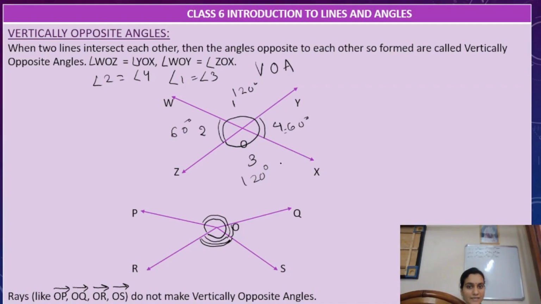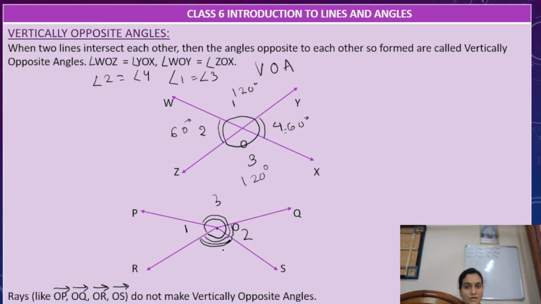I have also taken this example of four rays which have intersected at this common point O. All of these rays have started from the common point O: OQ, OS, OR, OP. They do not make vertically opposite angles. Why? Because they will not be equal to each other. You can clearly see here that angle 1 is not equal to angle 2.